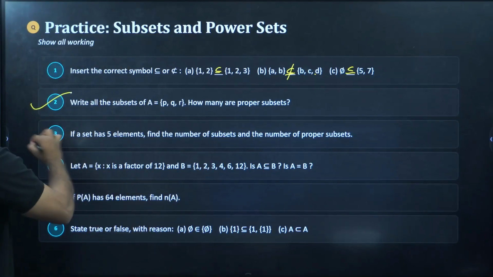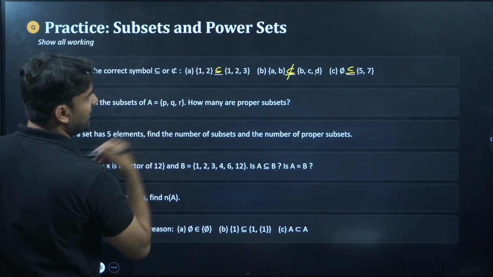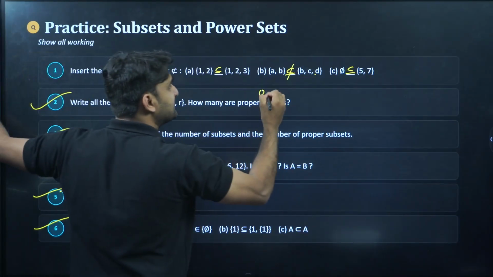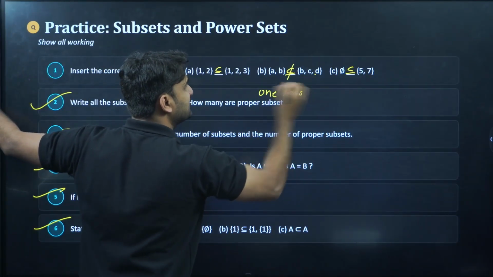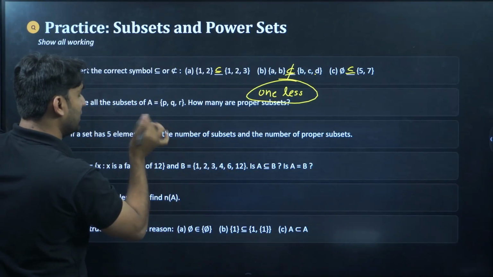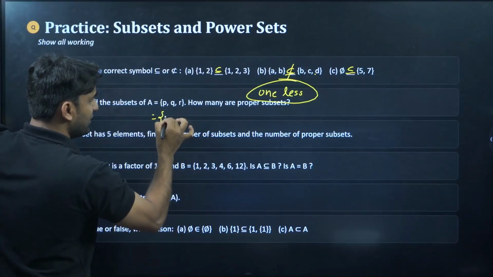Similarly, you have these questions for practice. Write all the subsets of A. How many proper subsets? Proper subsets will be 1 less. So write all the subsets, like this.